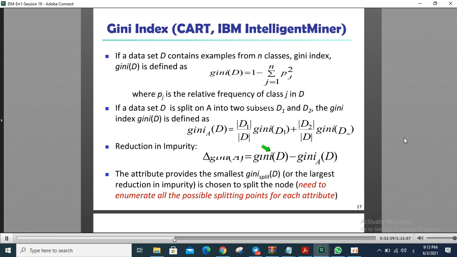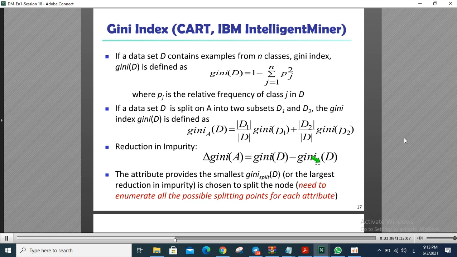And as I said here, I have the Gini index of dataset D and the Gini index of dataset D when I'm choosing a special attribute for splitting. The result is delta Gini of attribute A. I should select the best attribute for a splitting point.